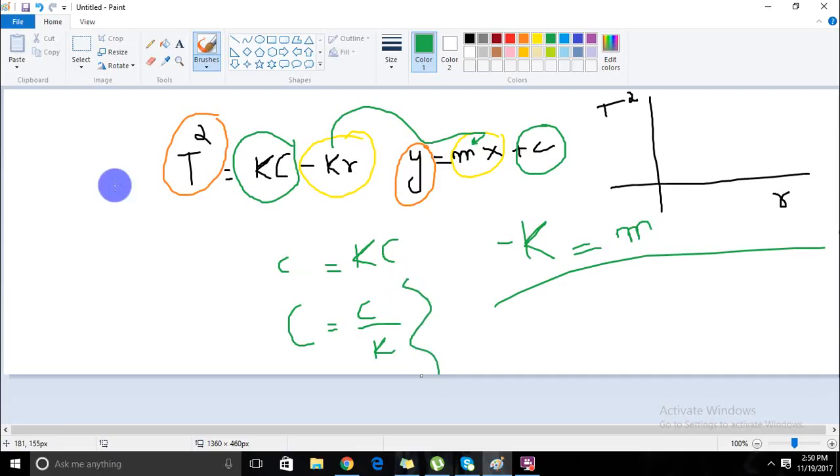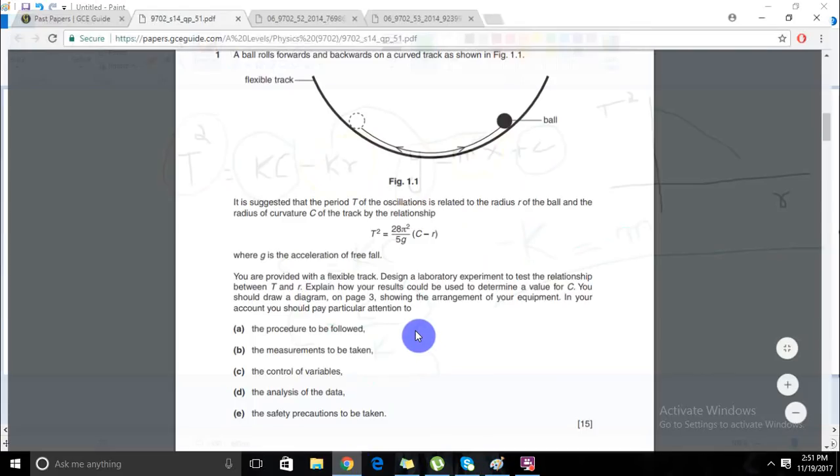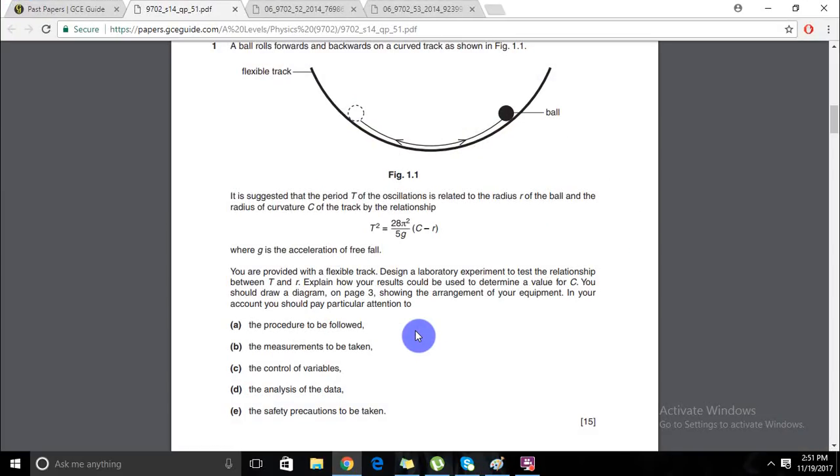So c is equal to the y-intercept divided by minus the gradient, and therefore we would actually have a positive value, because most likely we would have a negative gradient straight line for a valid relationship. So any safety precaution you should take?